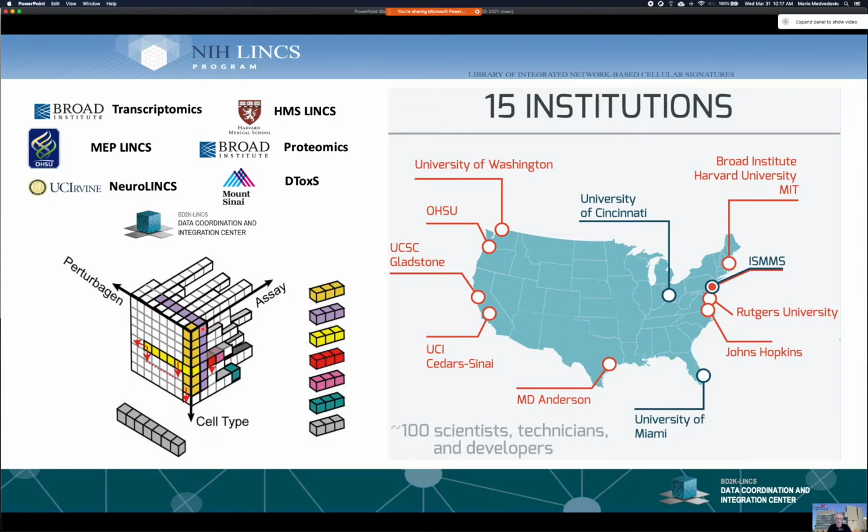For example, for transcriptomic assays, all cell types and all perturbagens were profiled. But for some other assays that were not so high throughput, only a partial number of combinations of perturbagens and cell types were assessed. And then we had this data coordination and integration center, which had 3 sites. One was at the University of Miami, one was in New York, and one was in Cincinnati. And we were tasked with integrating this data and analyzing it, finding some reasonable uses.